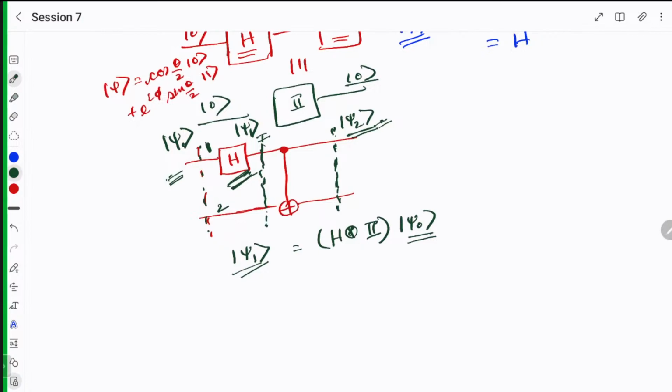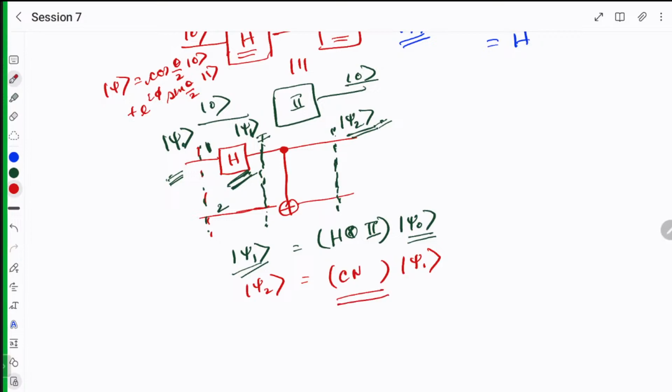Okay. And now what will be psi 2 in terms of psi 1? What operator will sit here? C naught.